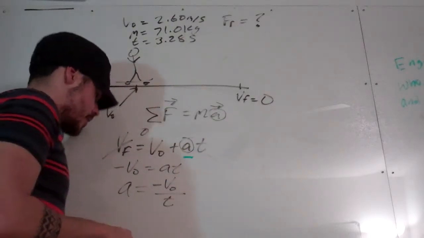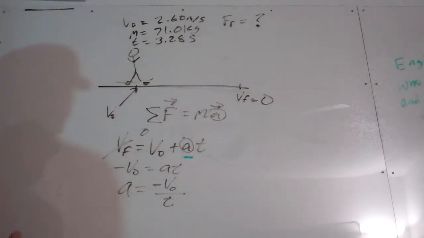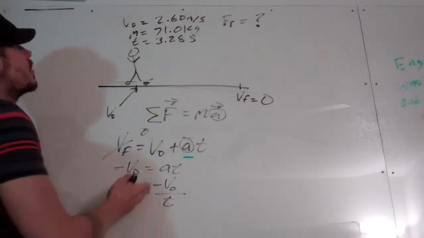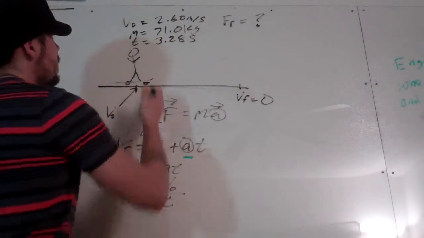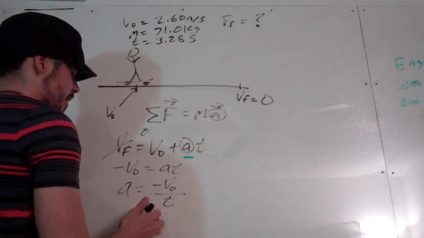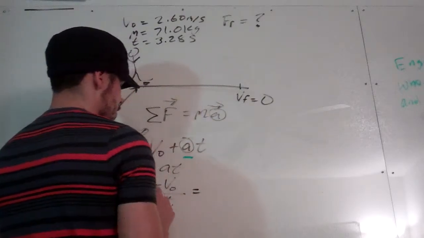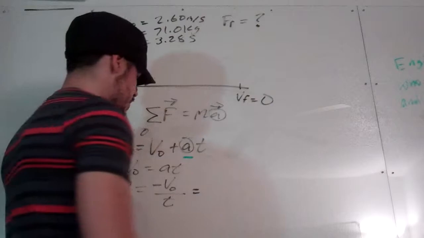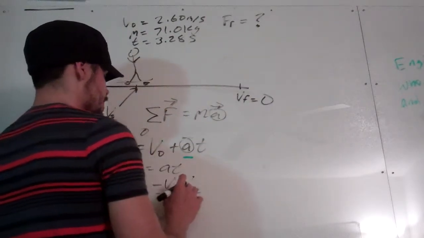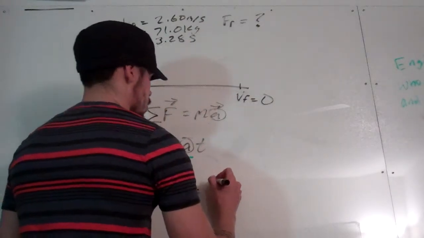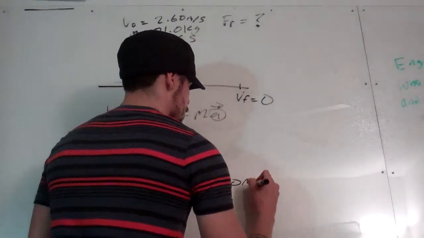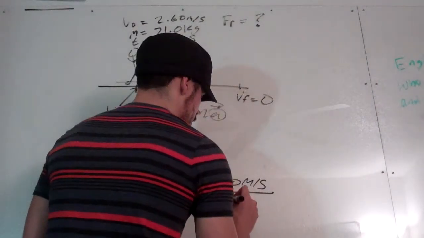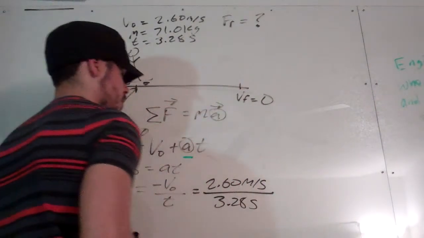Let's get another marker. So now we know that this is the acceleration. We can plug it in just like this. I've got v naught, and I've got the time that it took. We know that our acceleration is going to be negative because time can't be negative. So let's go ahead and plug in. We have 2.60 meters per second divided by time, which is 3.28 seconds.